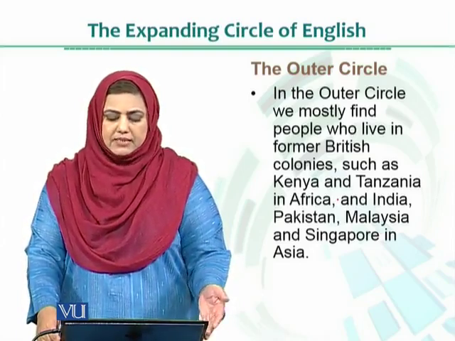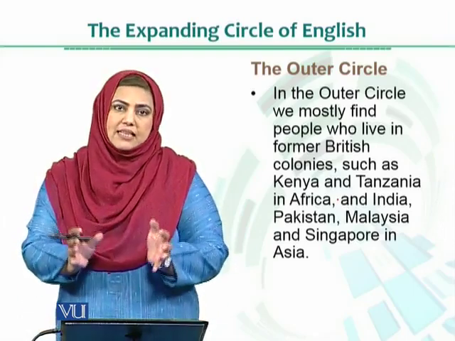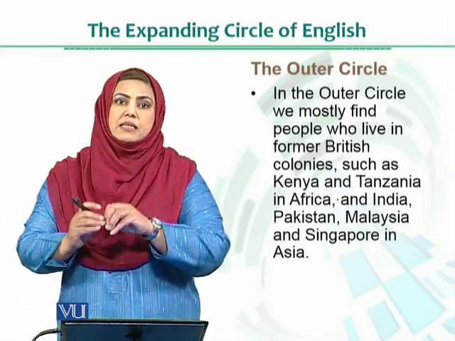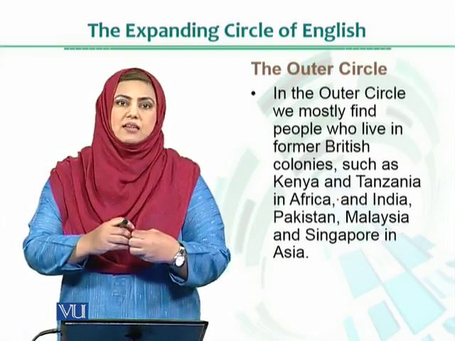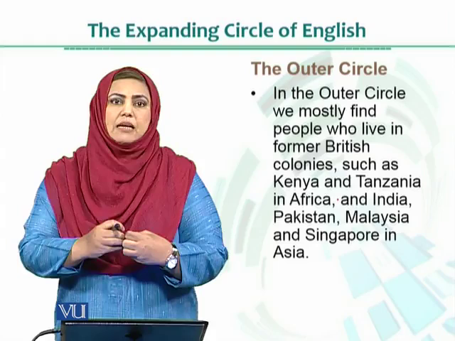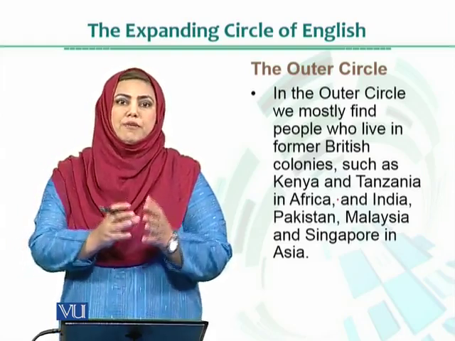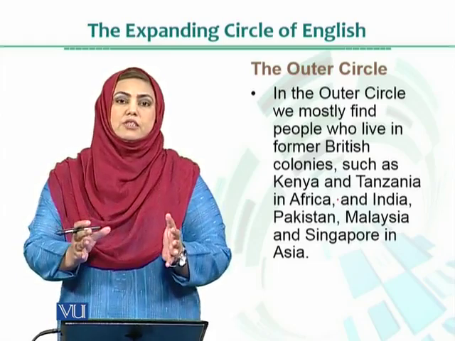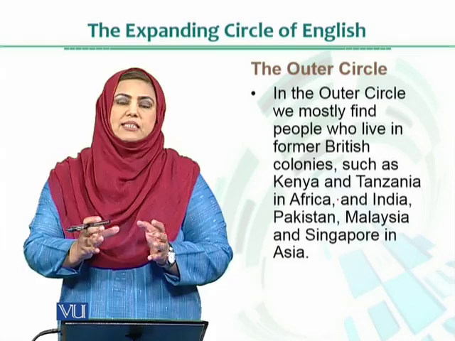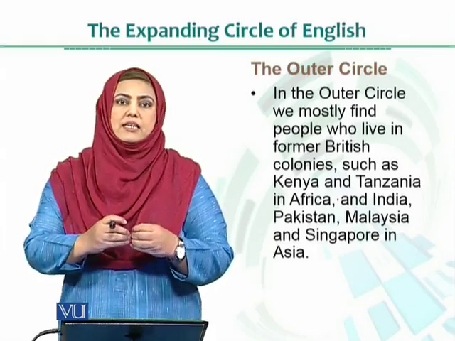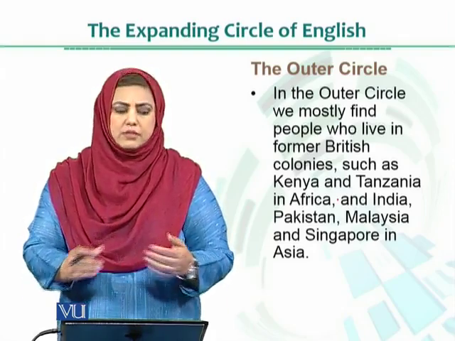For example, Tanzania and Kenya from Africa. So these were the colonized areas, which means the British people were directly in contact with these people. They established their government, their administration, their educational systems there. When they left, when these countries were given freedom, English was retained in the administrative, government, and educational systems. And in these countries, English is taught at schools most of the time.